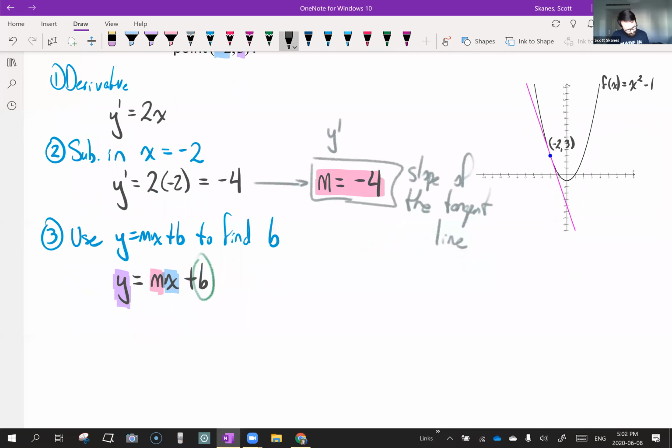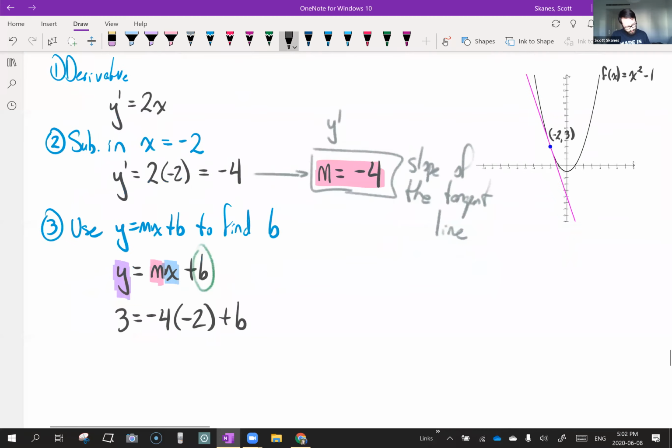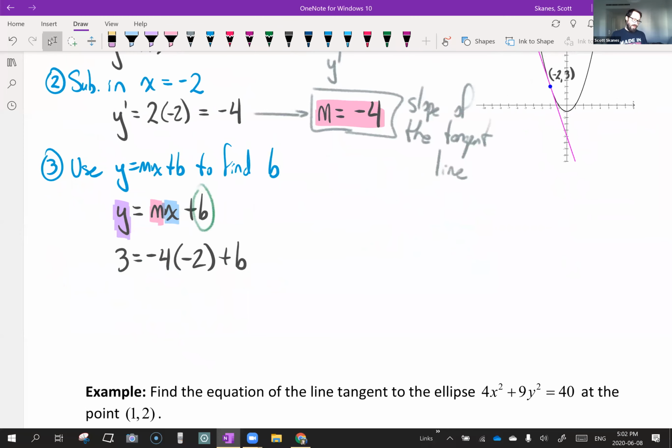So let's put in all of our numbers. What's y? It's 3, equals -4 times -2, plus b. So that means 3 equals 8 plus b. I'll just write it out. That means b is negative 5. Once again, we're not looking for b, we're looking for the equation of the tangent line, but this will help us get it.